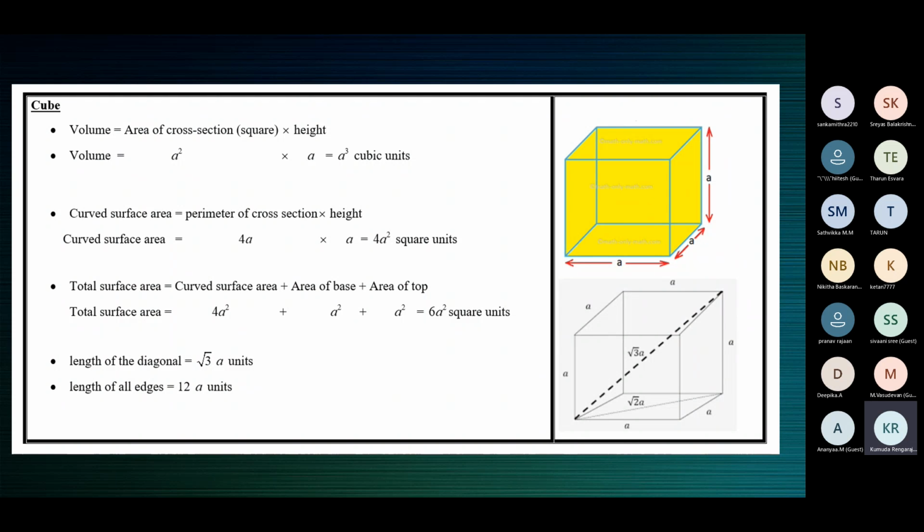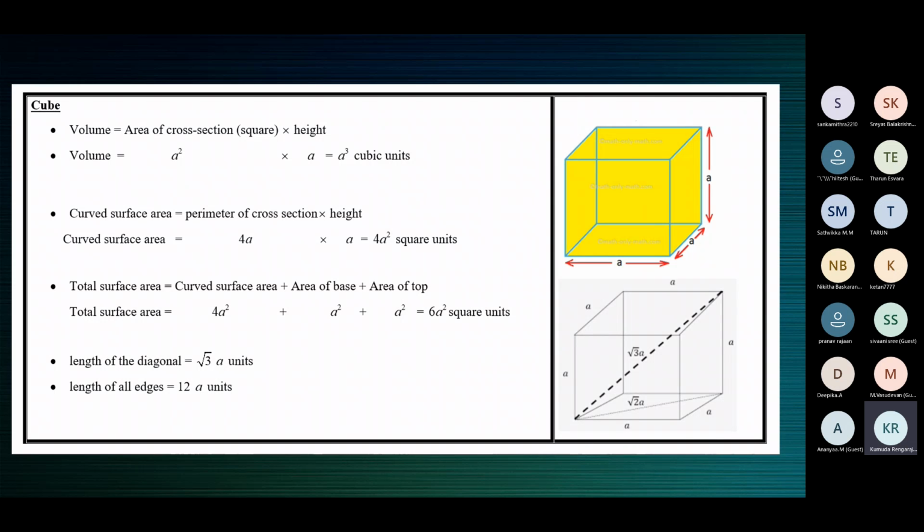So basically when you stack up congruent squares, you get a cube. So we say that the cross section of a cube is a square. By arranging many squares one over the other, you get this solid which is called a cube.